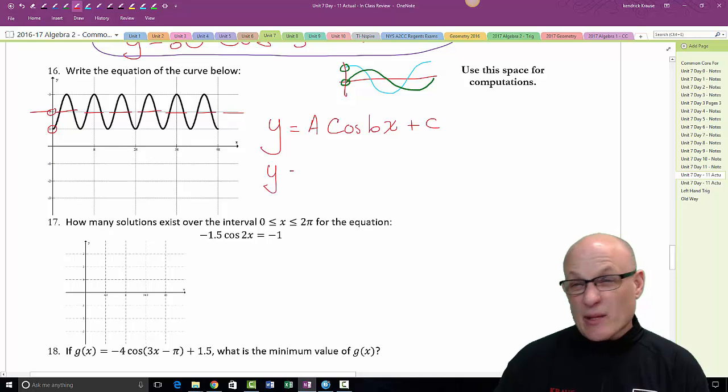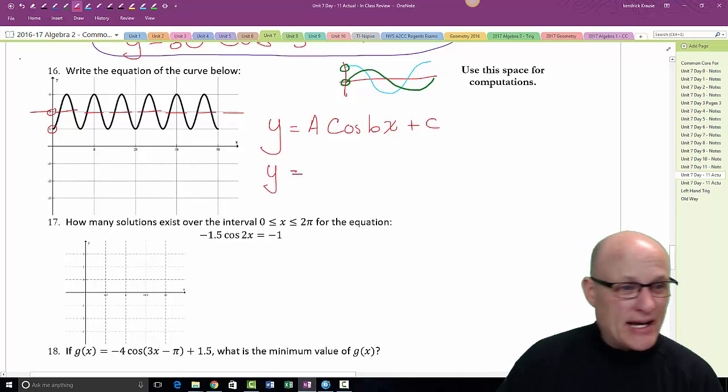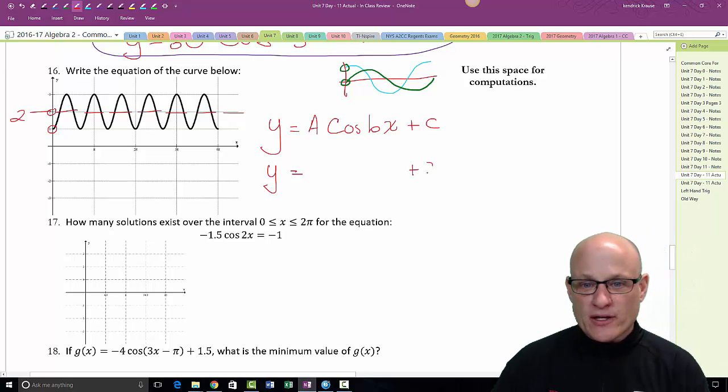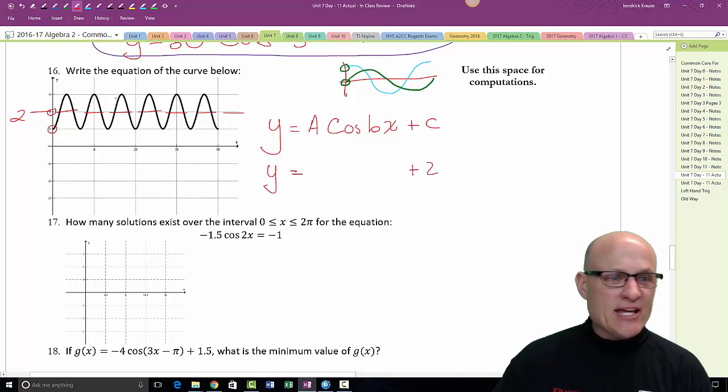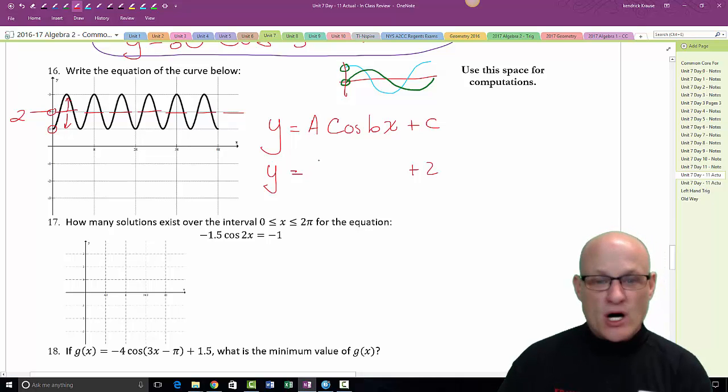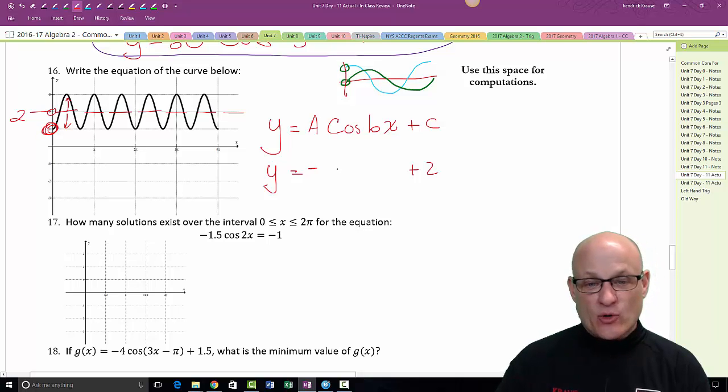I just drew in the midline, so I should know what it is. It looks like our midline's right here at 2, so plus 2. The a is pretty easy. I'm going to go up 1 or down 1, so my a is 1. However, I'm starting at a minimum, so I have to start at negative 1, or just negative cosine.